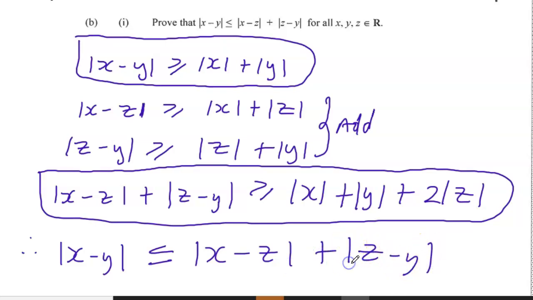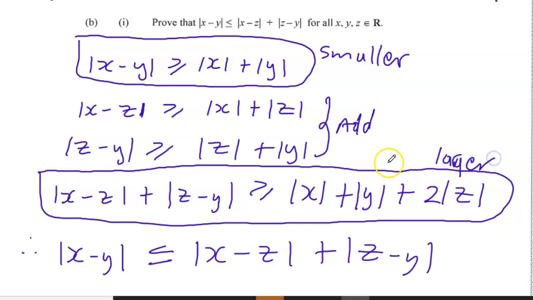And you get that by just comparing the two terms. Compare mod x minus y with mod x plus mod y. Compare this term here at the end: it has the same mod x plus mod y plus 2 times another positive value. So which expression would be smaller? At least this would be smaller, and this would be larger because of the extra term, 2 mod z.